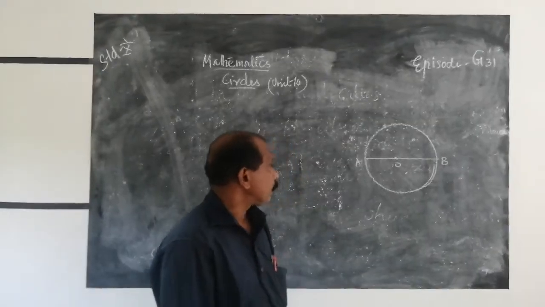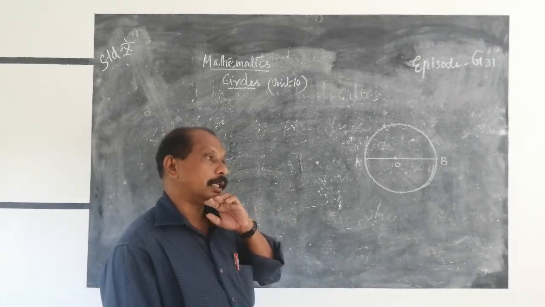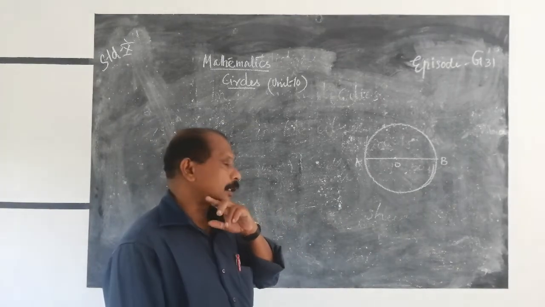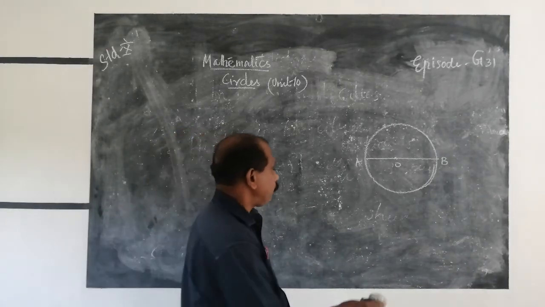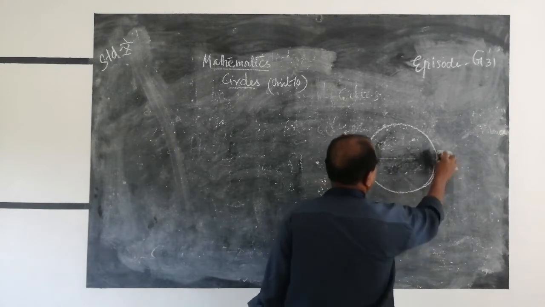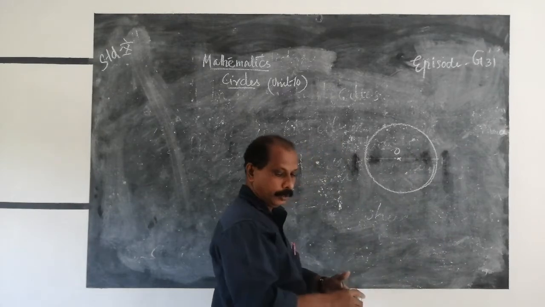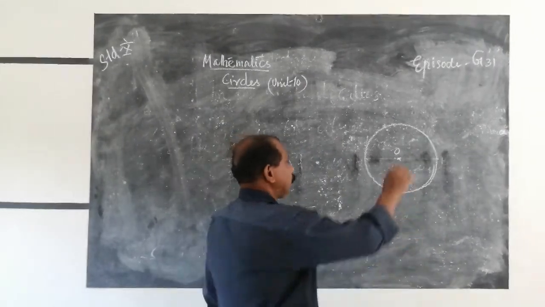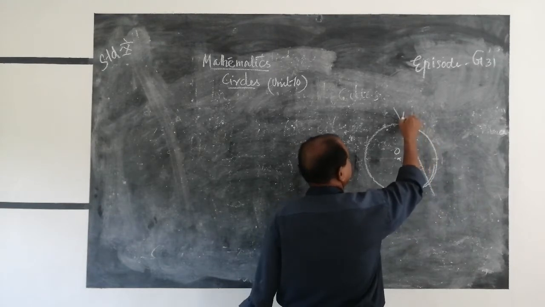Then, in this chapter, we discuss the circle and the tangent of a circle. There is a circle with center O. Then there is a line, that line is AB.